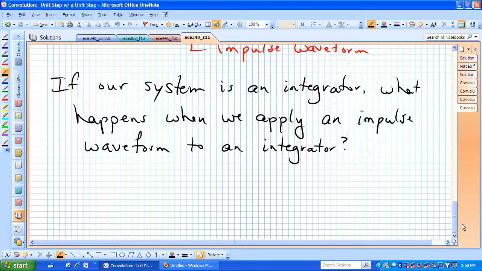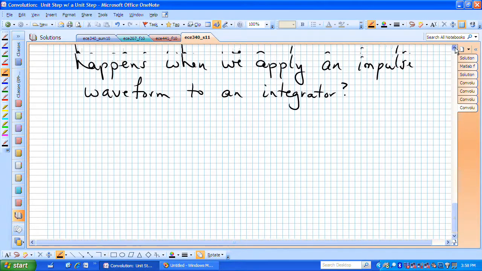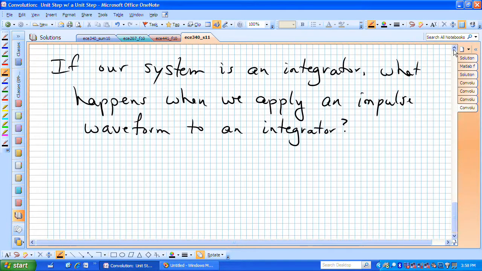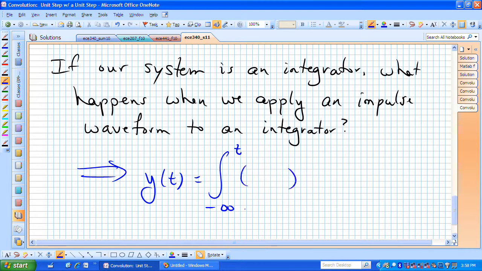Now we just have to remind ourselves of what really is happening when we integrate an impulse waveform. We can think of that notationally as saying, we want to know what is y of t if this integration operation, which takes some integrand and integrates it, has an integrand that is actually the impulse waveform.